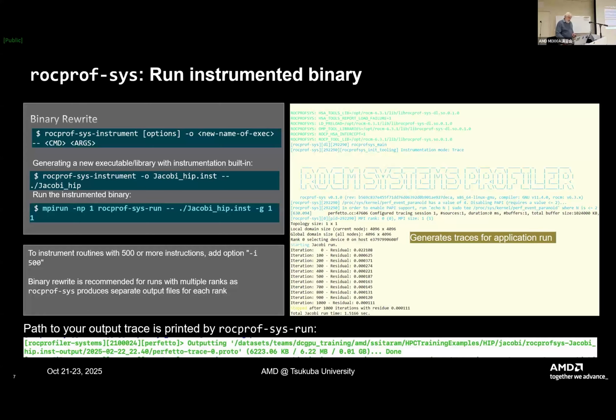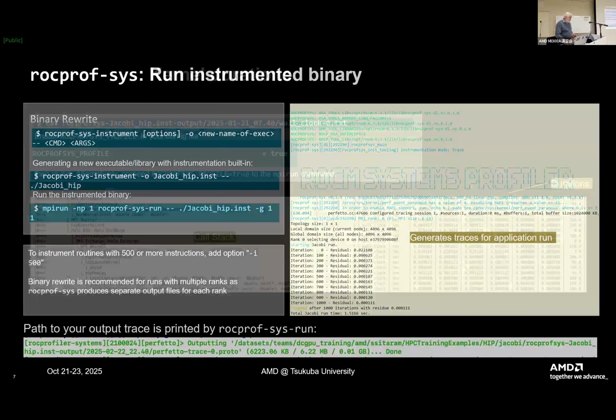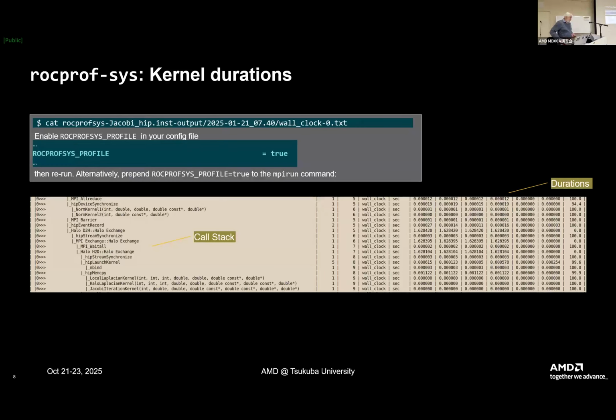And now we can look at some text output, which is basically showing either the flat profile or the hierarchical profile of your kernels being run. This is generated if you turn the profile true.